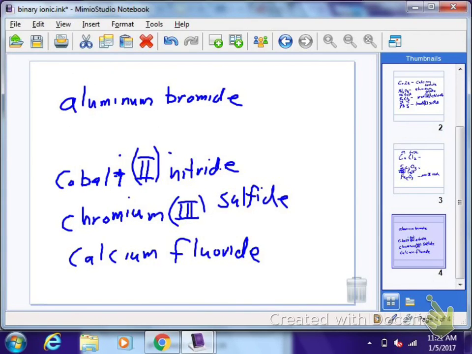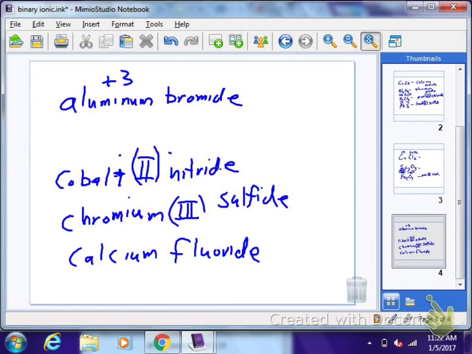So, we're going to just write formulas now from the name. And to do that, all we need to do is make sure our charges are balanced by using subscripts if they're necessary. So like for the first one, if we write a formula for aluminum bromide, I just look up the charges and then I determine what subscripts I need in which to balance out those charges. So aluminum I look up and it's a plus 3.